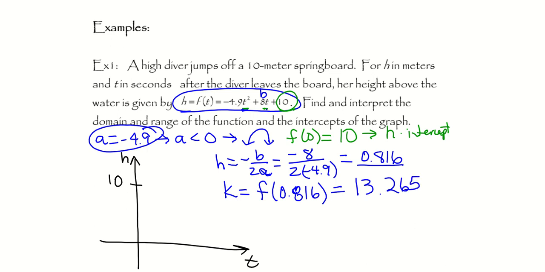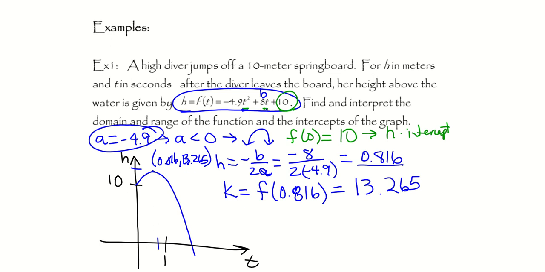So my vertex is at 0.816, 13.265. My parabola will rise to this point, and then it's going to turn and fall.